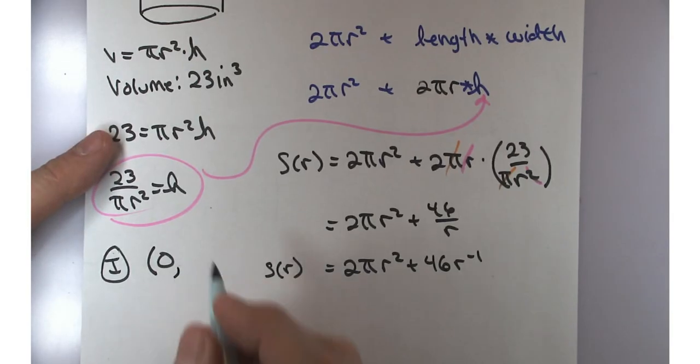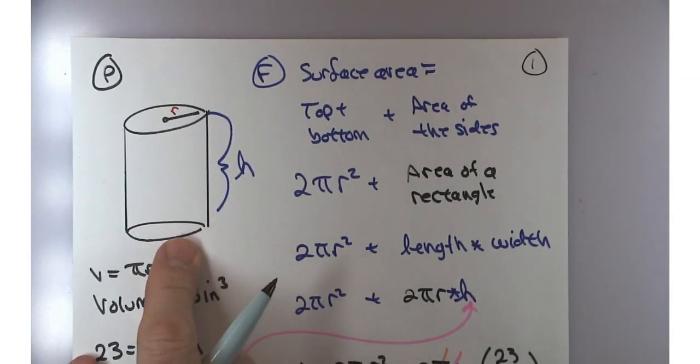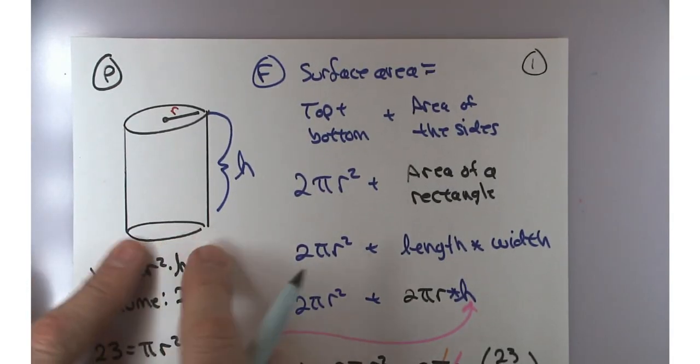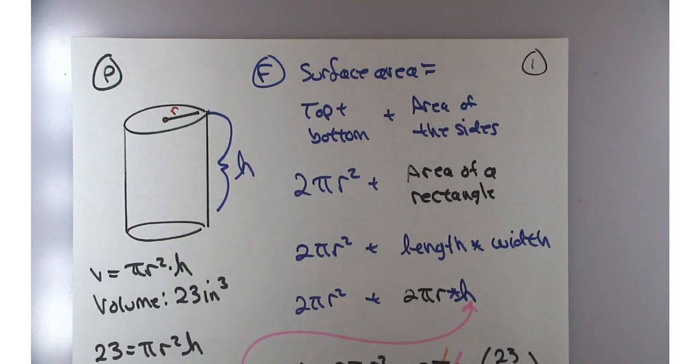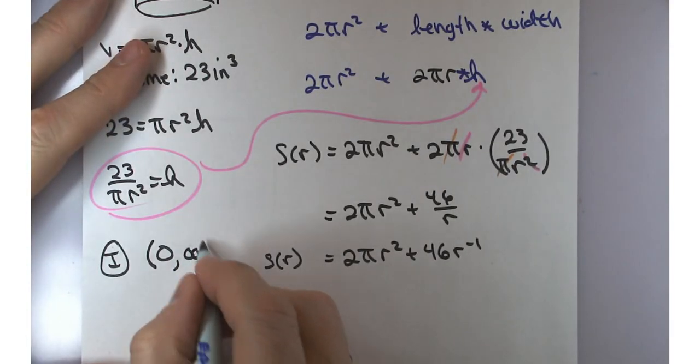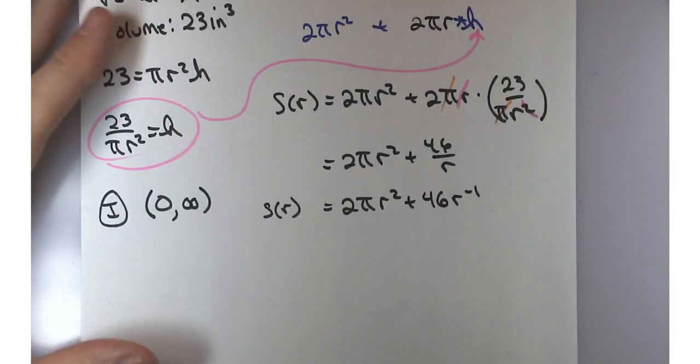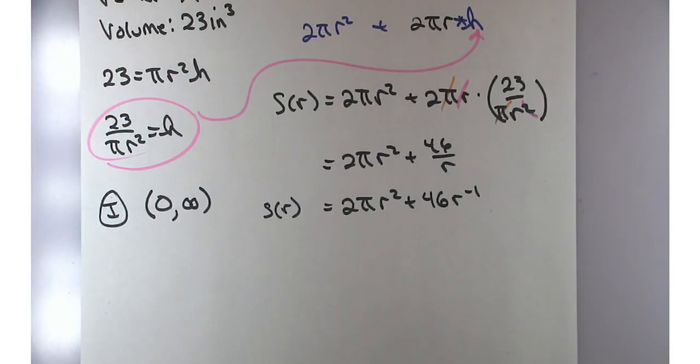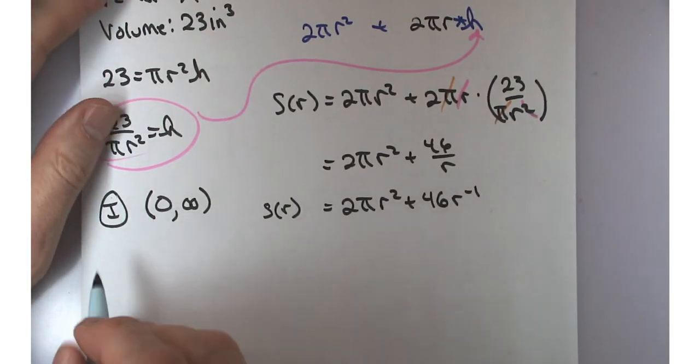Is there any natural limit? Could I make this radius as big as I want? I could. At some point, it's going to get really impractical to have it like a mile wide and a millimeter tall, but there's no real theoretical limit as to where you'd put that. I'm sure there are some practical limits. So 0 to infinity. Okay, at least we won't spend time looking for something that's negative.